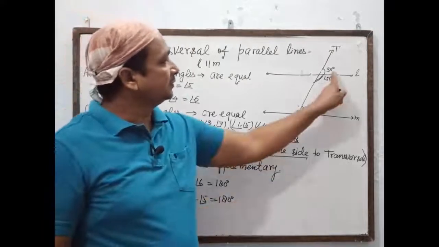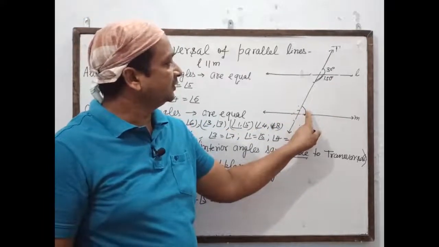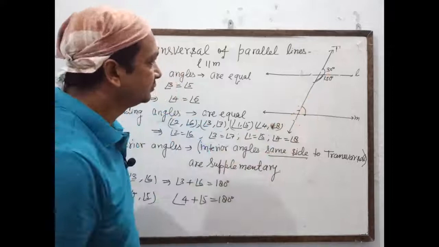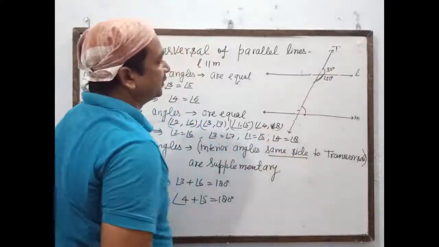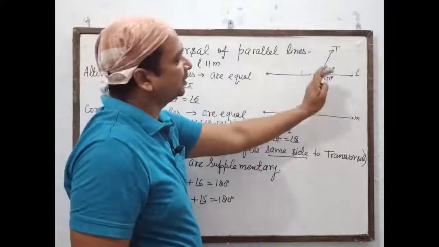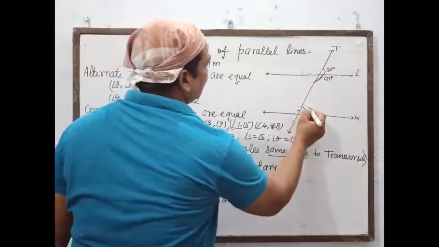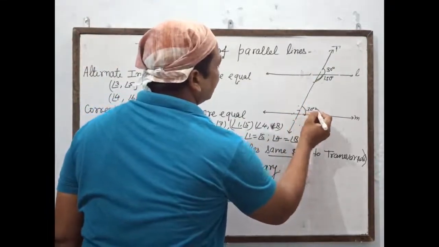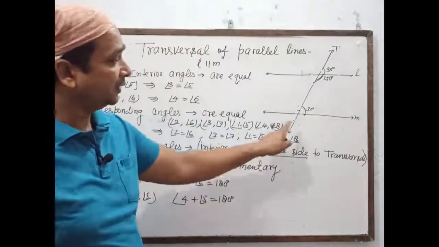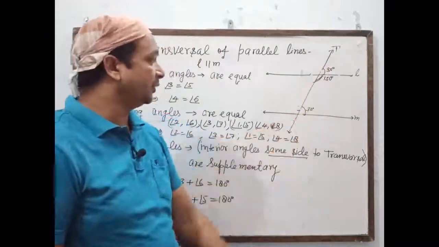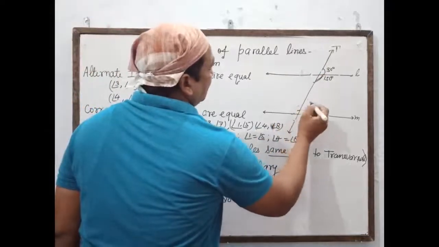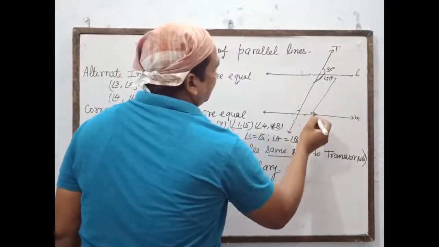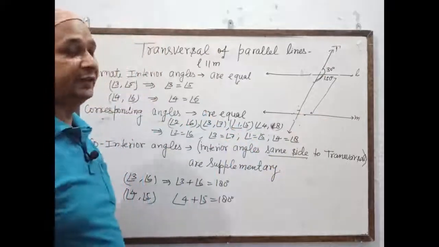Now this angle we can find by various concepts. First, this is 30 degrees and these are corresponding angles. When these two lines are parallel, corresponding angles are equal. This is 30. The first concept: we can find the angle by the corresponding angle property. Second, these two angles are co-interior angles.